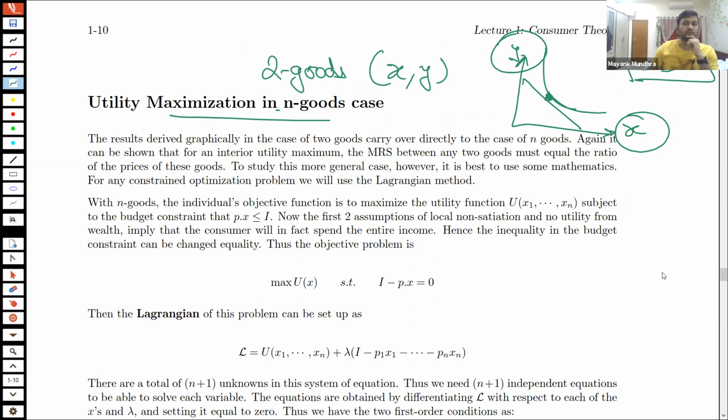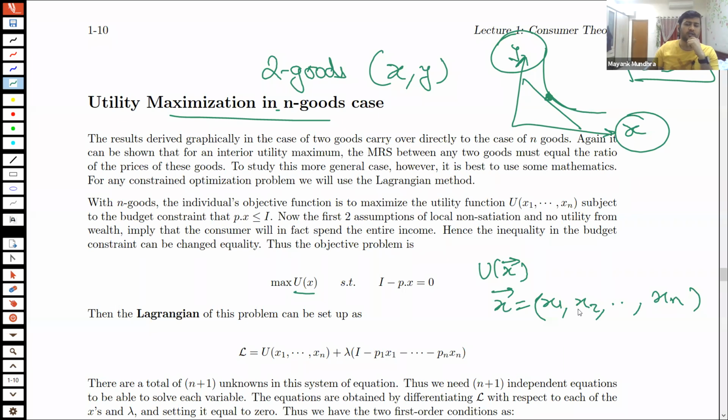Suppose that I want to maximize the utility function u of x, where x is a vector, x1, x2, and so on till xn. So it's really an n-dimensional thing.